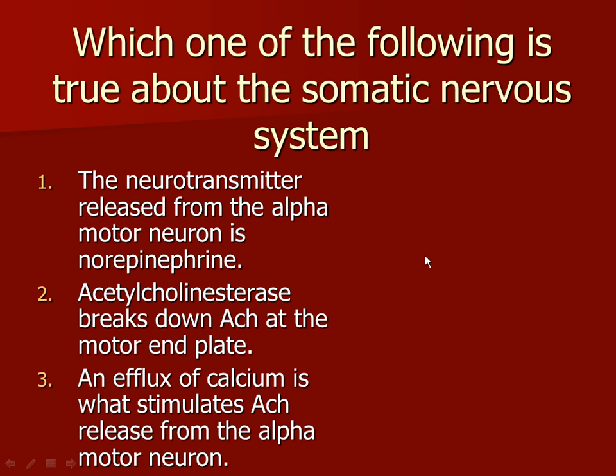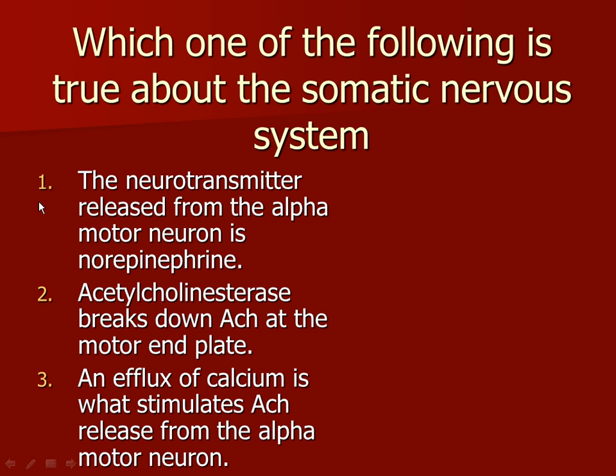So which one of the following is true about the somatic nervous system? How about number 1? The neurotransmitter released from the alpha motor neurons is norepinephrine. Somatic is telling you it's going to be what neurotransmitter, period? Acetylcholine. Yeah, so norepinephrine was associated with the autonomic and specifically the sympathetic postganglionic fibers.